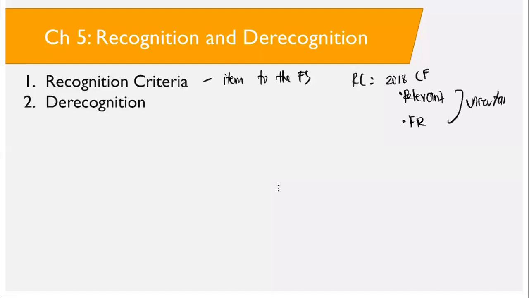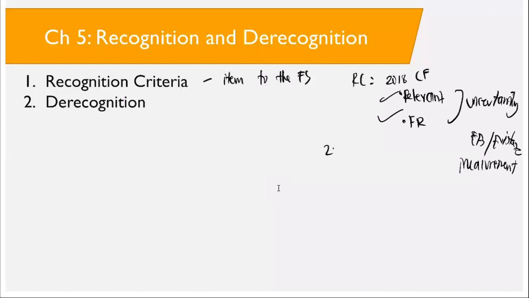What is this uncertainty? The uncertainty of your economic benefits or the existence of a particular transaction. Further, the uncertainty as to its measurement. So if there is uncertainty, that's our problem as to recognition. But take note, so long as it is relevant and faithfully represented, we can recognize it.